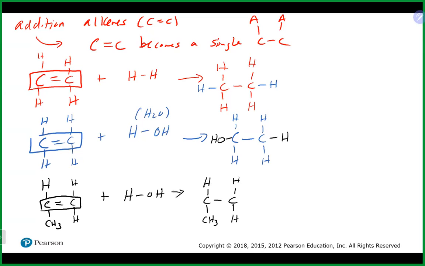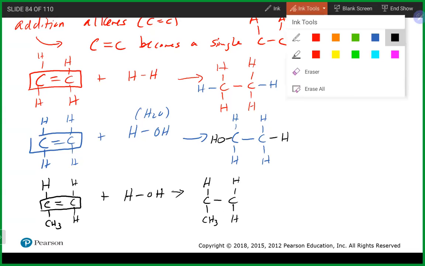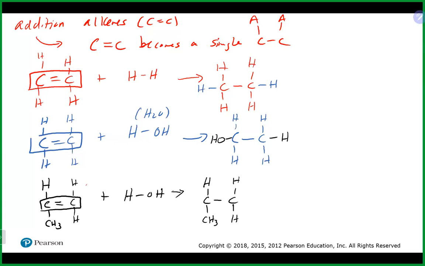Now, because there's actually a difference in the number of hydrogens attached to the carbons in the double bond, there is a rule known as Markovnikov's rule, which says the hydrogen will end up on the carbon that started with the most hydrogens. So this guy has two hydrogens, and that carbon has one hydrogen that's directly attached to it.